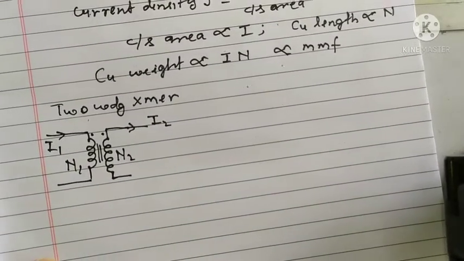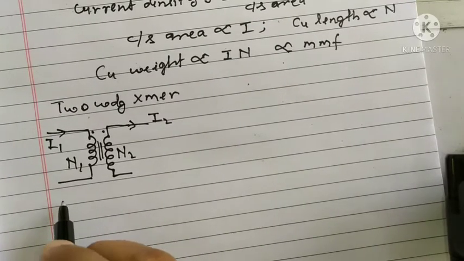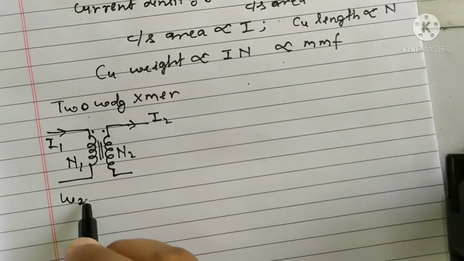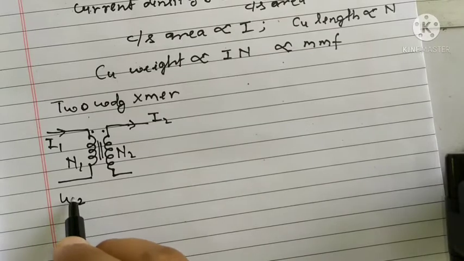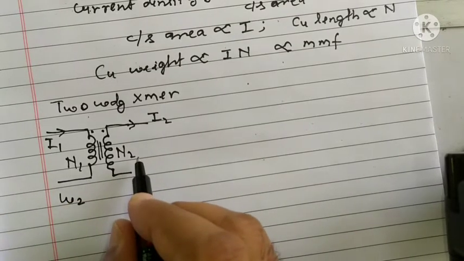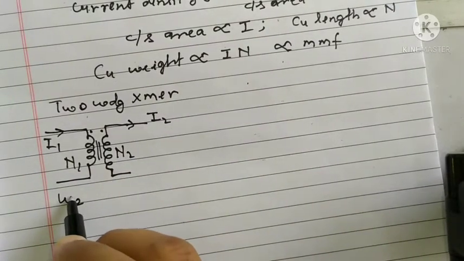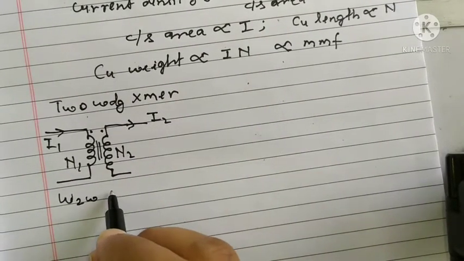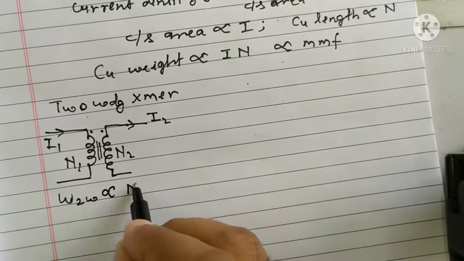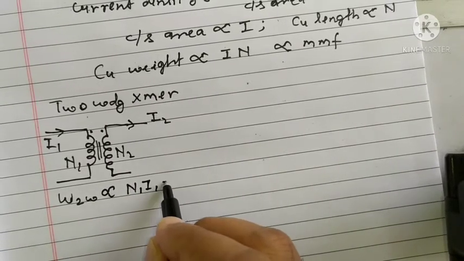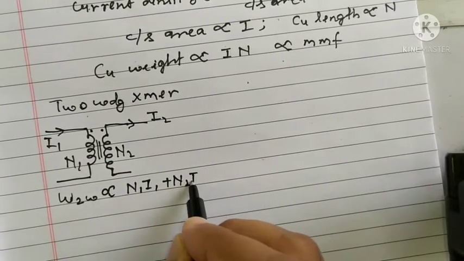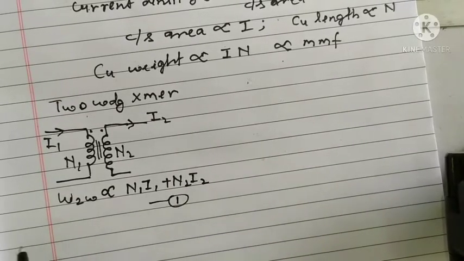So total mmf, if I have to write for this transformer, W2, so total mmf will be N1 I1 plus N2 I2, and that will be equivalent to copper weight. So copper weight, that is W2 winding, is directly proportional to total mmf N1 I1 plus N2 I2, right?